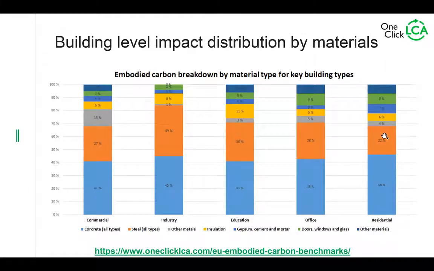And other materials, well, it depends, right? You can find the data under the link at the bottom later if you want to zoom into this. But this is just to give you an understanding of what it looks like at the building level in general. For your specific building, of course, the figures will vary based on the choices you make. For example, if you make a wood building, the wood is definitely going to be an impact driver.